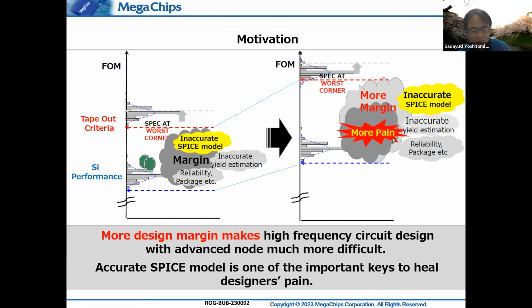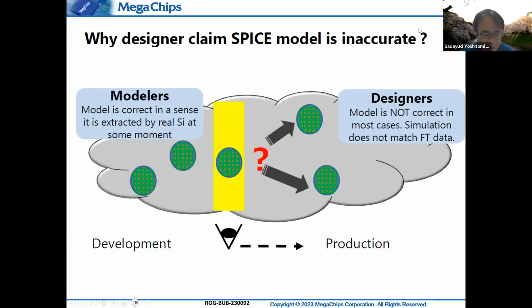And maybe this nightmare has already started, I can say. I've been working on this margin reduction for many years, and there I found a gap between our PDK team, which I'm leading, and the design team with respect to the accuracy of the models.